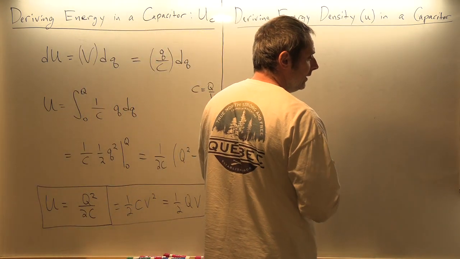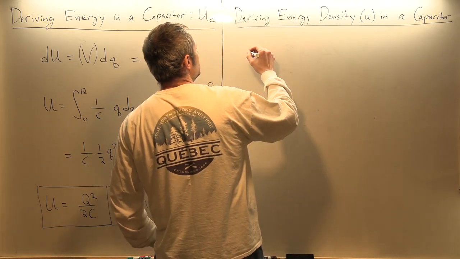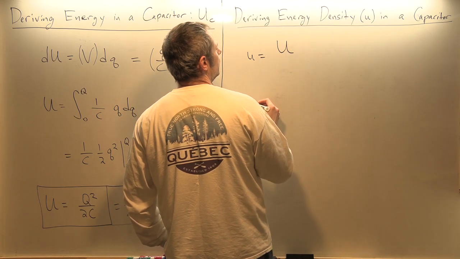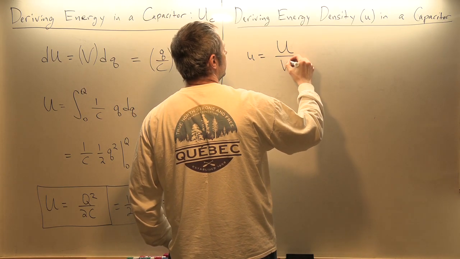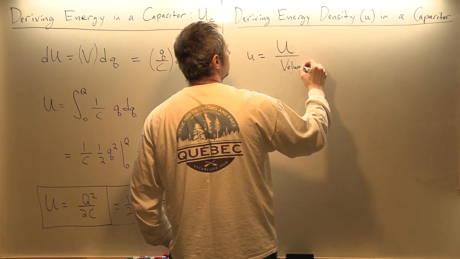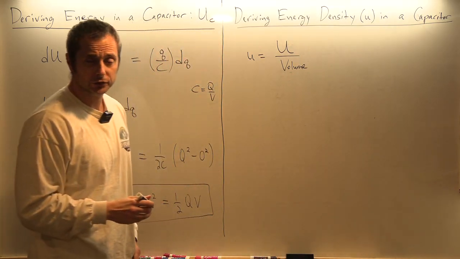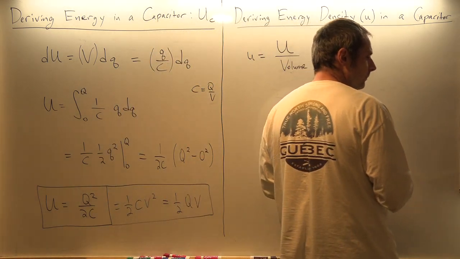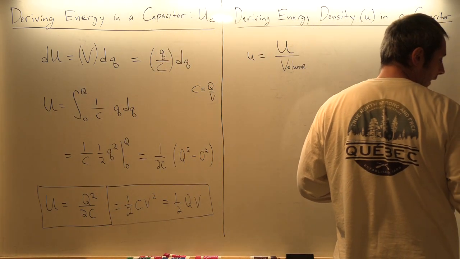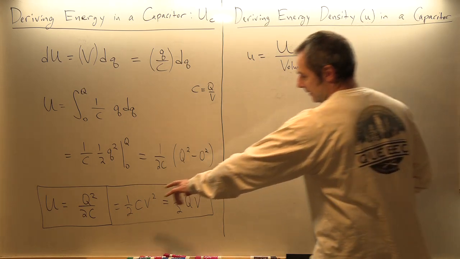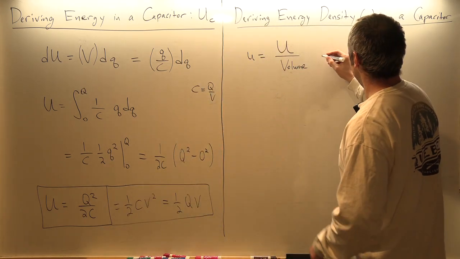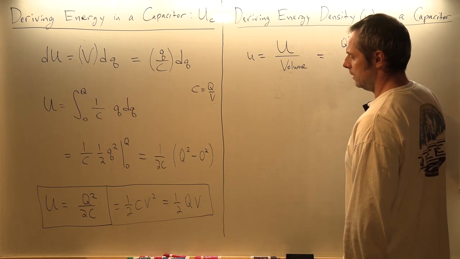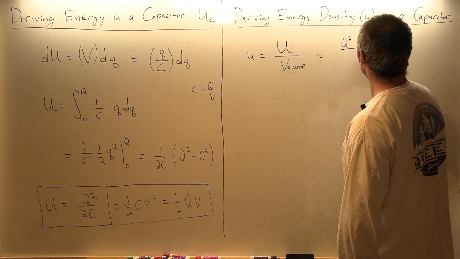So we begin first by saying that the energy density will be the total energy in the capacitor over the volume. And I'll write out volume because if I just put V, it'll look like voltage, which it's not. It's energy per volume. So what we have already determined is that this is the energy. So I'll put that on the top, Q squared over 2C.